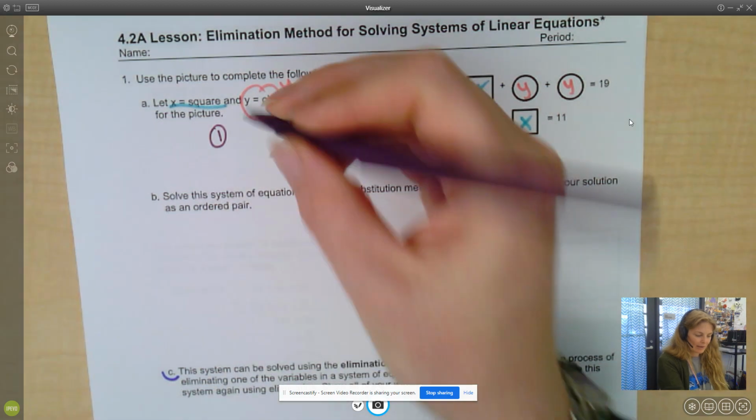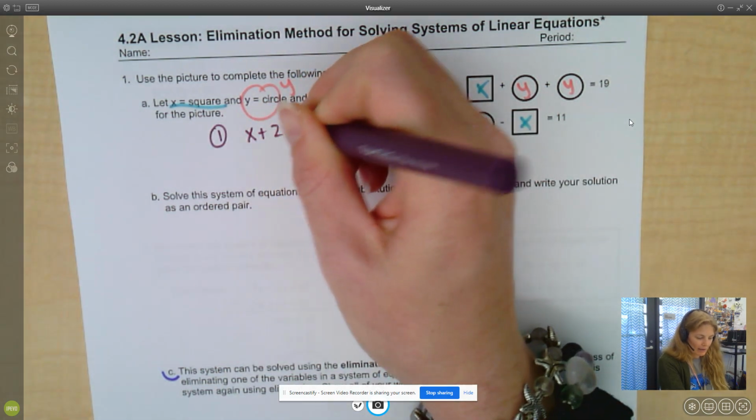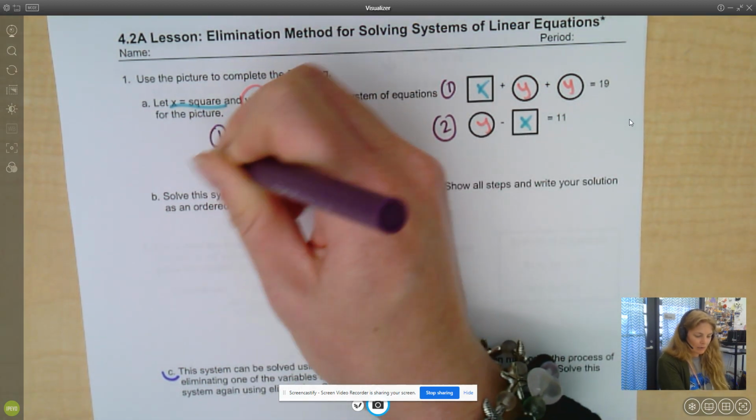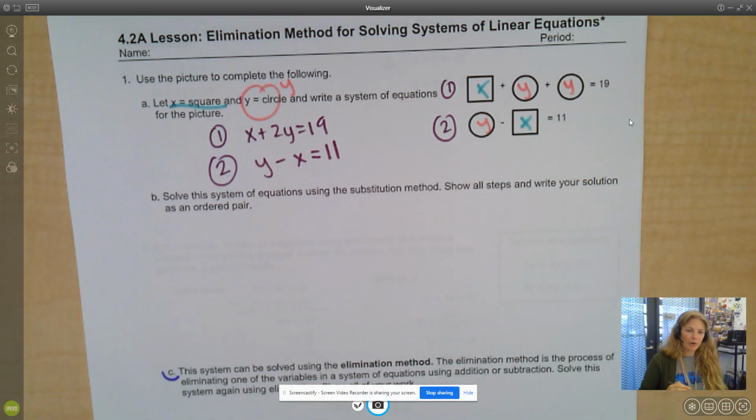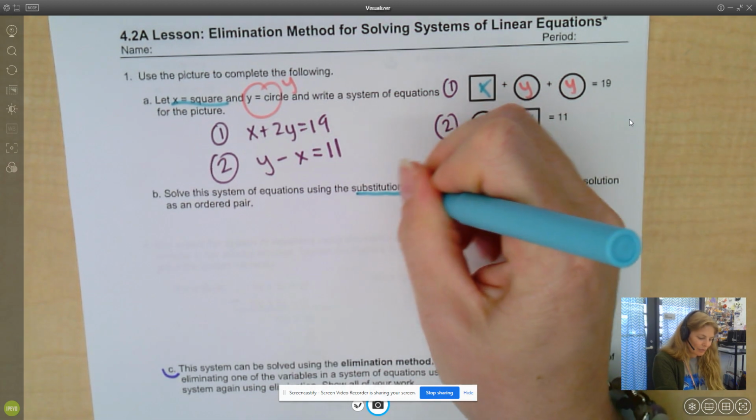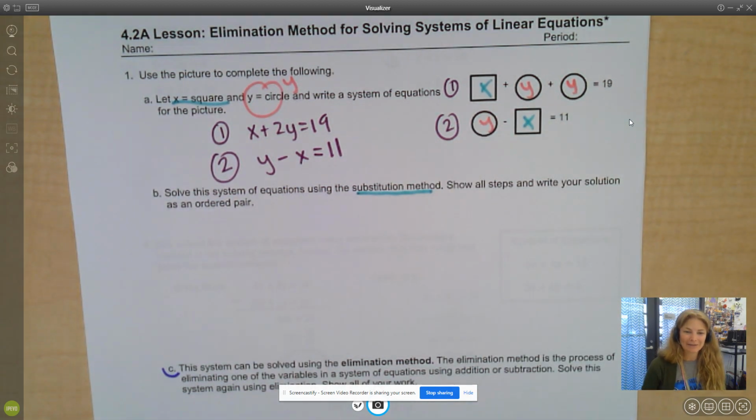The first equation in my system is x plus 2y equals 19. And my second equation is y minus x equals 11. So go ahead and take a moment and solve this system using the substitution method, which you're really good at by now.